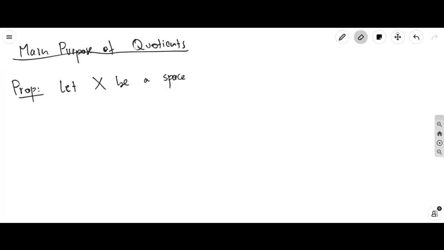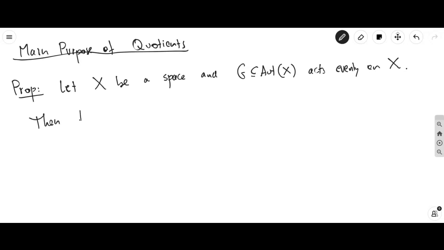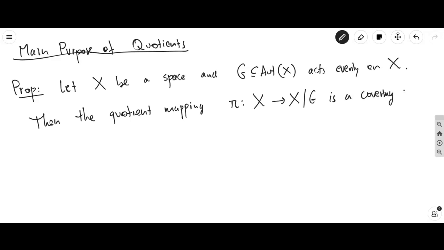It might even be compact, but that's not required. And G is an automorphism group, and it acts evenly on X. Then the quotient mapping pi from X to the quotient is a covering map.